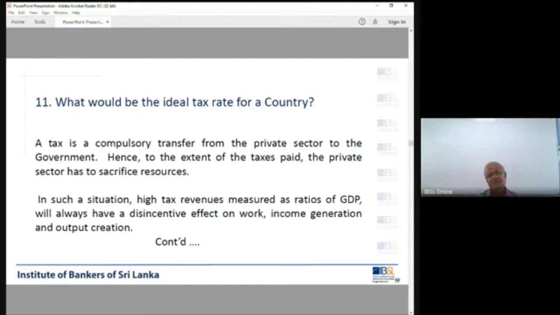These are taxes. But every tax has an objective. The objective of this tax is that the money should be used to improve the road network, the infrastructure facilities of the vehicle users.